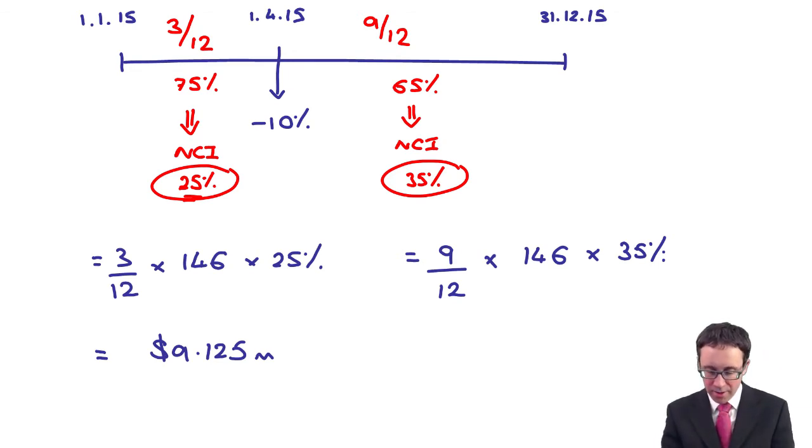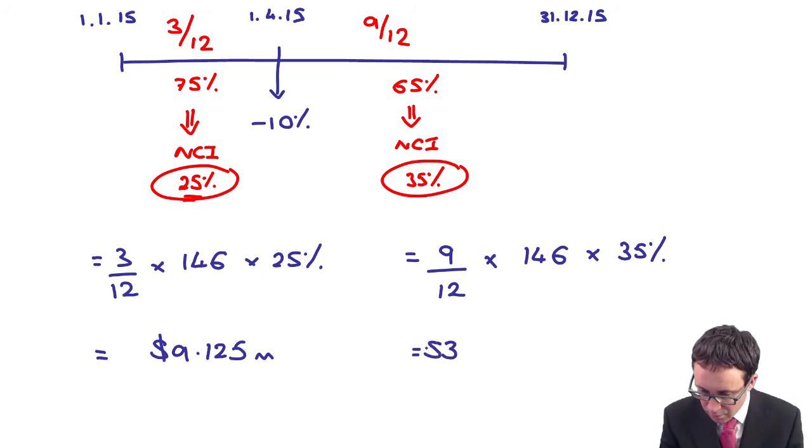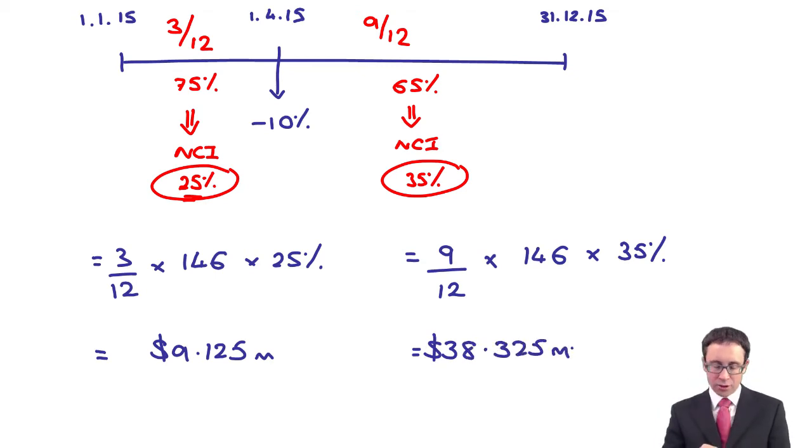So 9 divided by 12 times 146 times 35%. Okay, so let's just check those calculations again. Yeah, so 9.125 and then 38.325.